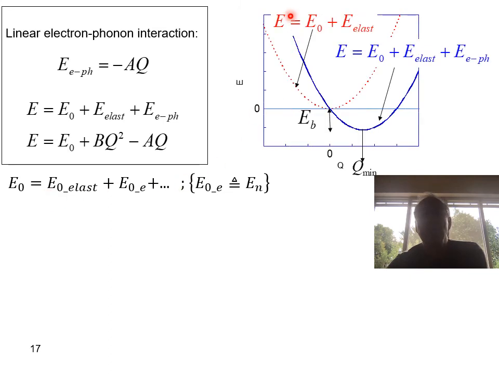So this is our picture. This is the potential that we know is not realistic because there is no electron-phonon coupling here. And this is the real one. And usually when we discuss such systems, we take the difference between the system without electron-phonon coupling and the system with it as being important.